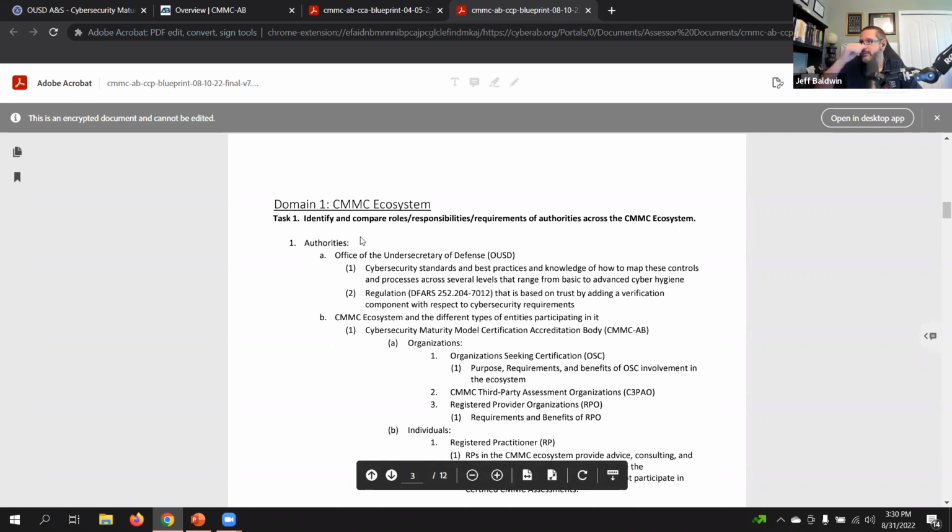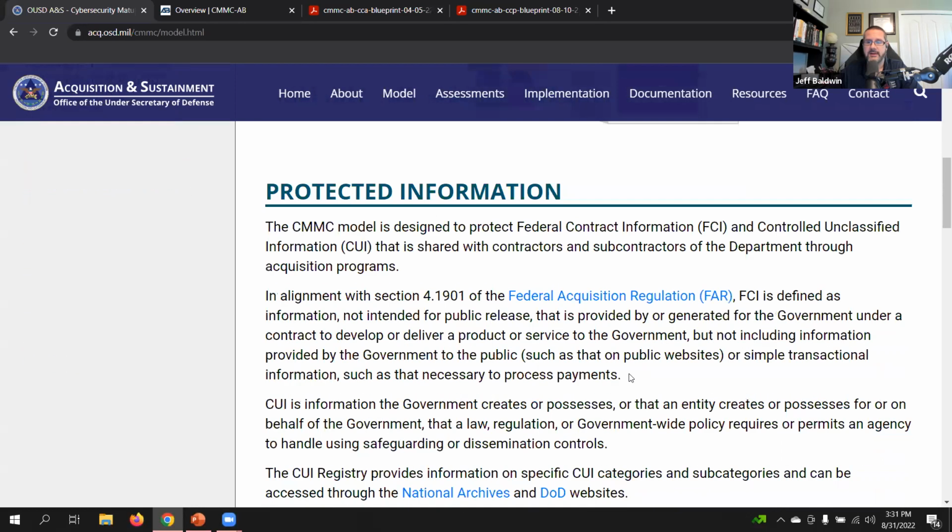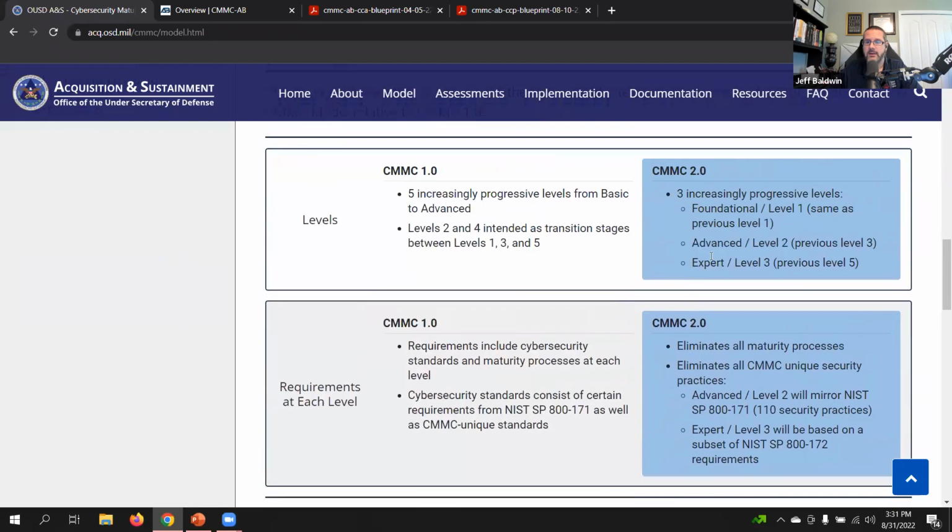Here's the blueprint. What we've been told is that everything you're going to be tested on is on the blueprint. So if you want to know what's going to be on the exam, you look at the blueprint. That's what we're doing now. Here we go from basic to advanced cyber hygiene.